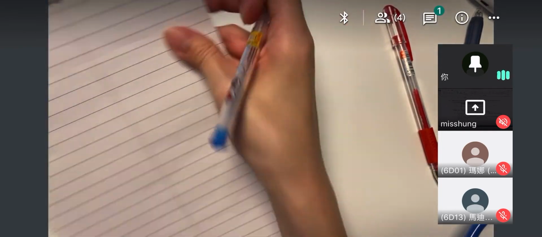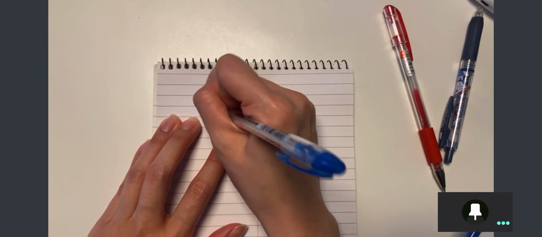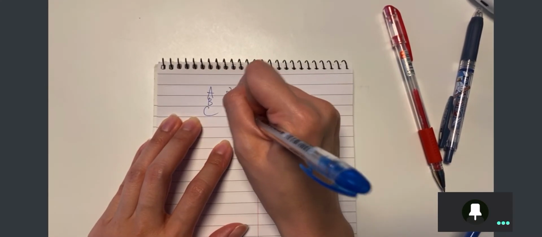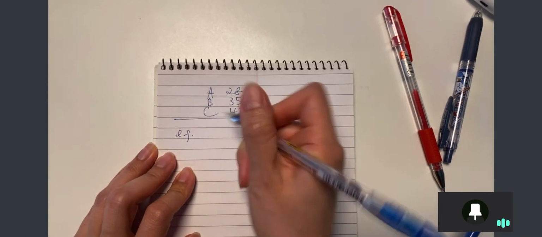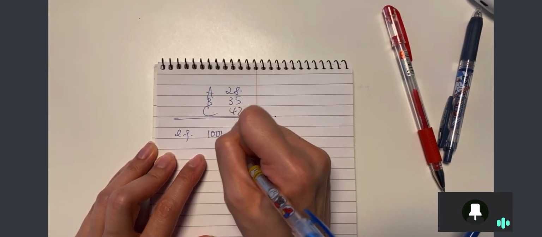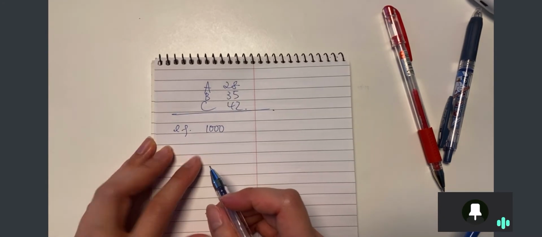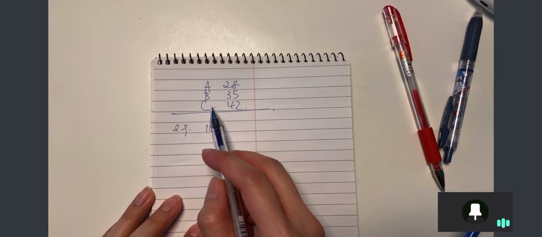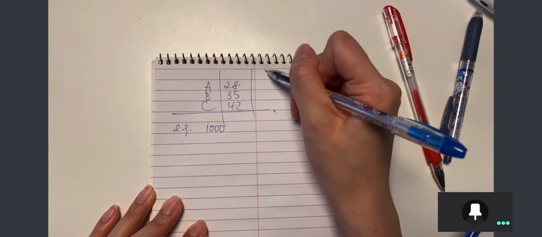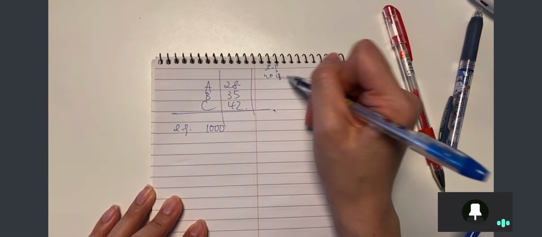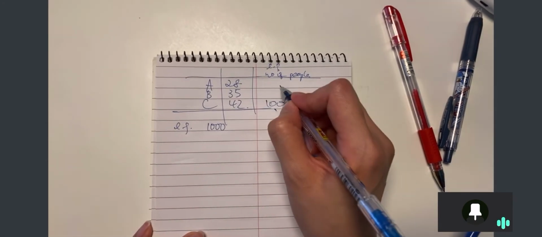Okay, let's do it this way. For example, we have 1,000 people in department C, and then only 2 people in department A and department B. Let's take a very extreme case.